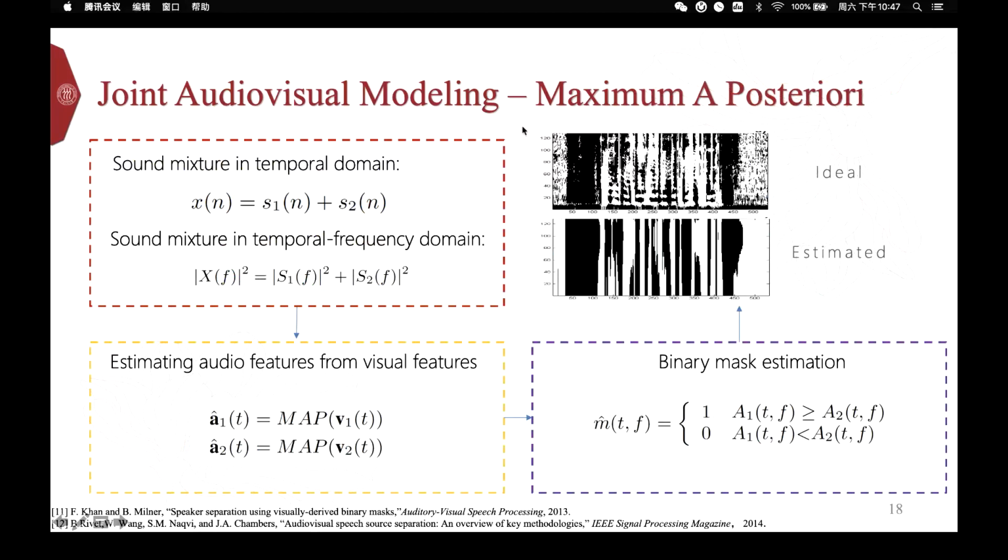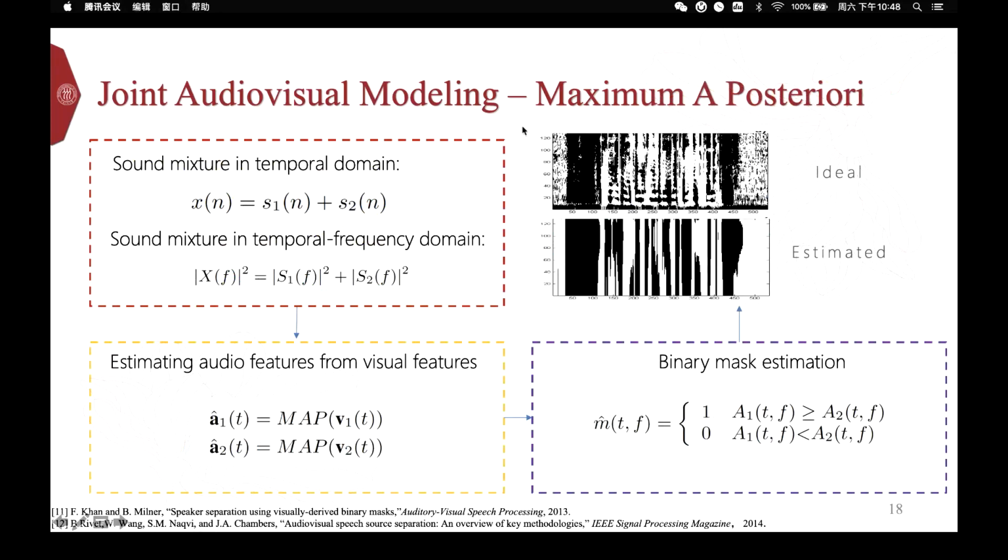In this example, it has two sources, and under these assumptions, it aims to estimate the audio features from the visual features using the MAP criterion, and the most important is the binary mask estimation.